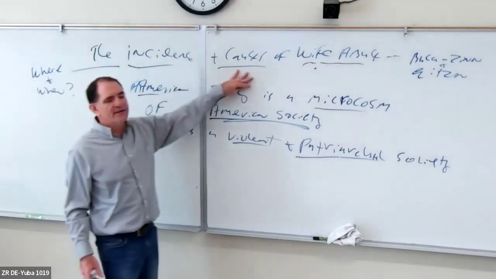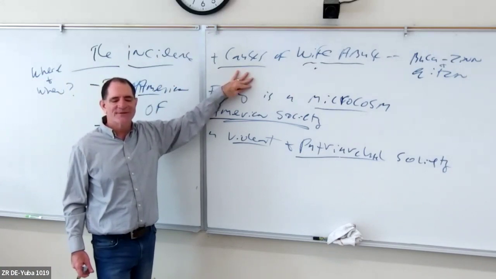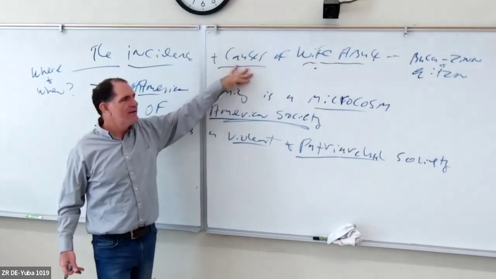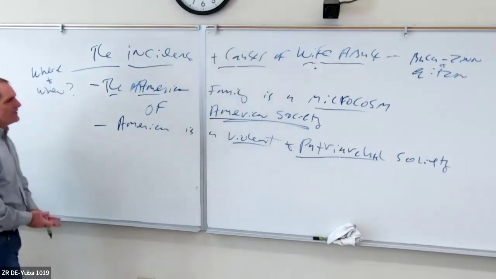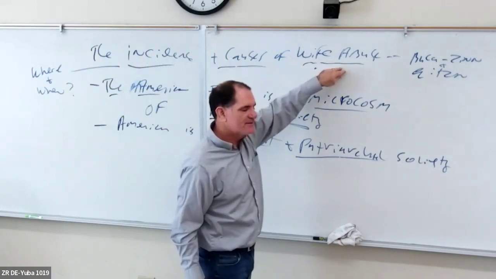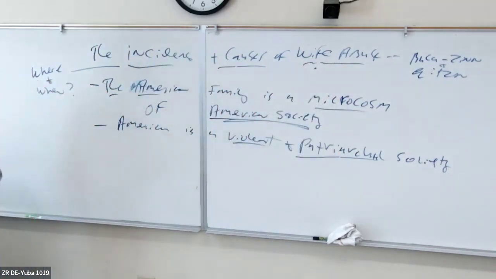And causes, they're trying to understand, like all scientists, whether they're symbolic interactionists, functionalists, conflict theorists, or chemists, physicists, or whatever kind of scientists, why things happen. So what really makes them conflict theorists is not the incidence and causes, but this term. But they start with the causes. We'll get to the incidence in a second.